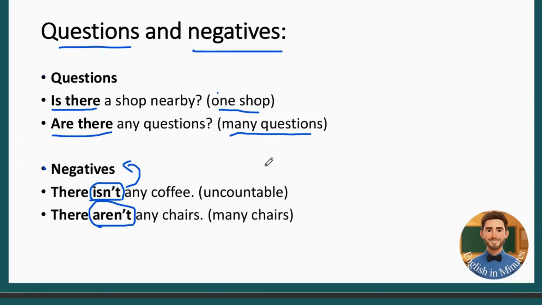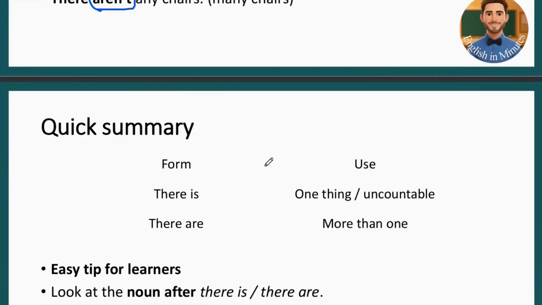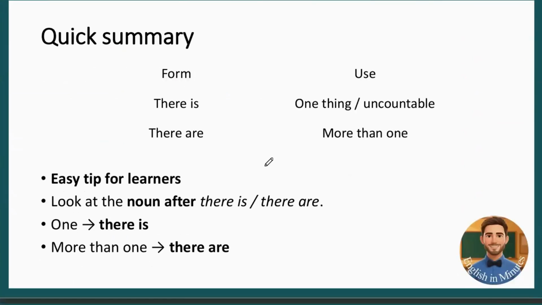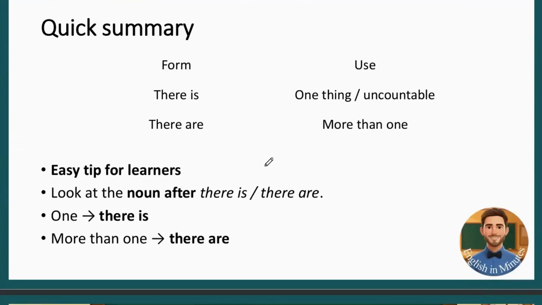Okay. On to the next page. Here is just a quick summary of today's lesson. So here we've got the form: there is, there are, and how do we use them? There is, we use when it's one thing or uncountable. There are, we use when it's more than one.